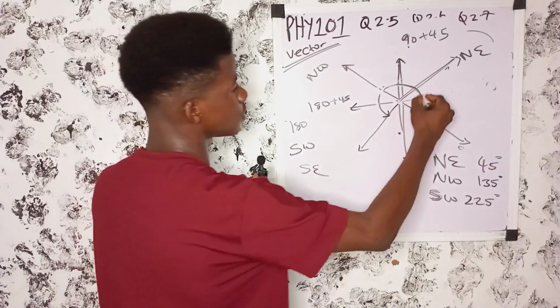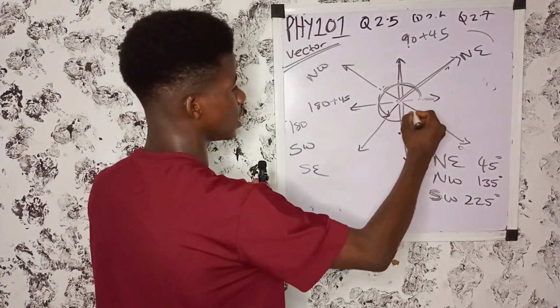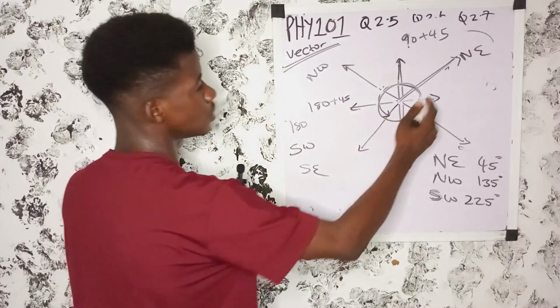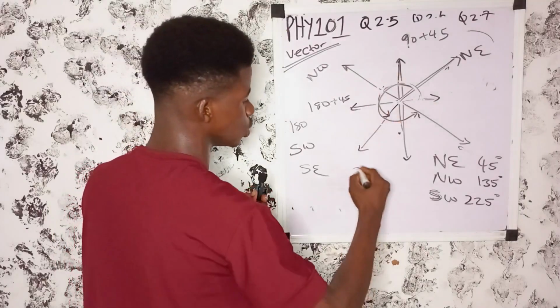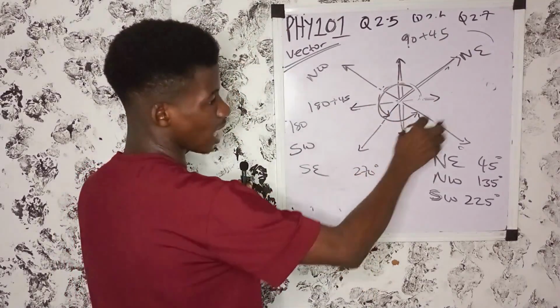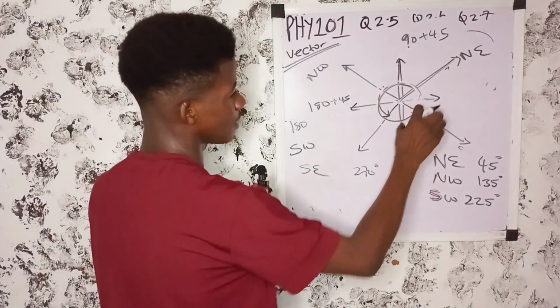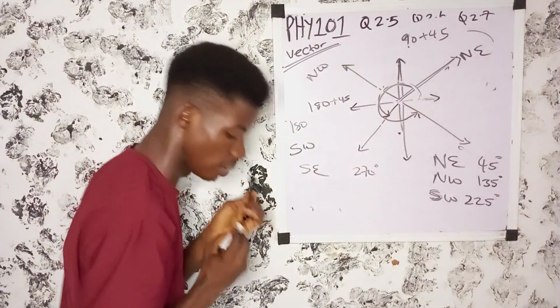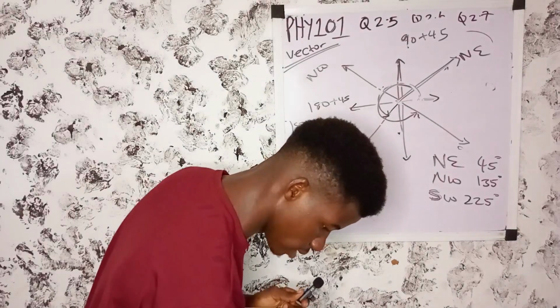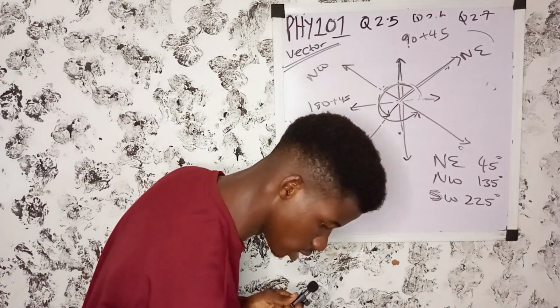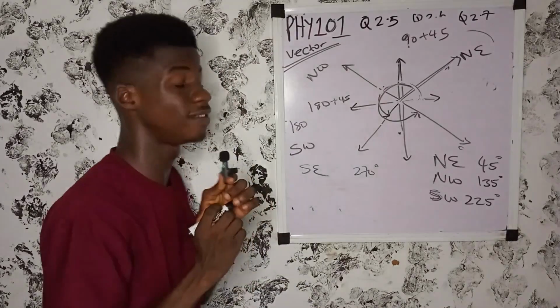Now let's go to the last part, which is southeast. From here to here we all know is 270 degrees. Half of this place is 45, so 270 plus 45 is 315.